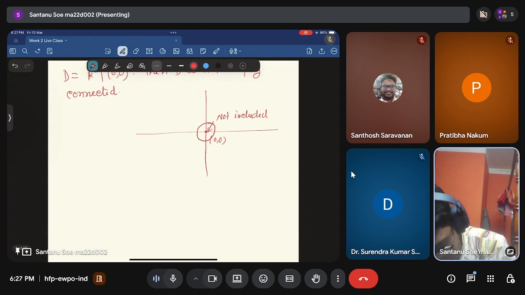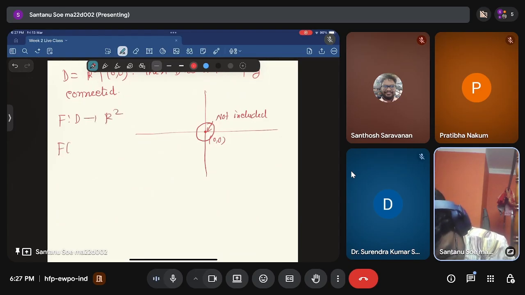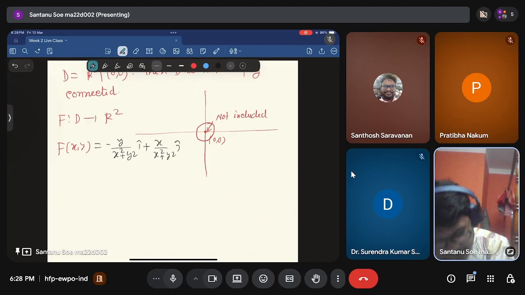Okay. And you define the function like this. You take the function f from D to R2 given by f of (x, y) equals minus y by x square plus y square i cap plus x by x square plus y square j cap. Okay.